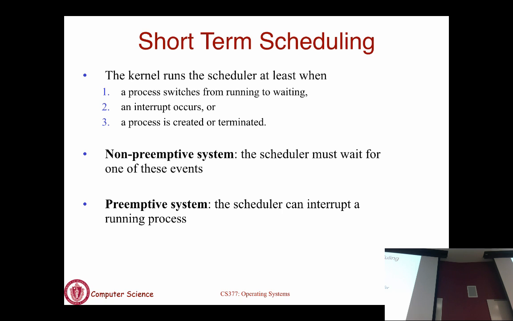Yes, so with a non-preemptive system, what happens if the process runs for more than the given time? The question is, in a non-preemptive system, what happens if the process runs for more than its allocated time? The thing to remember is, in a non-preemptive system, there is no such thing as an allocated time. You basically say run for as long as you want. That's the way to think about it.